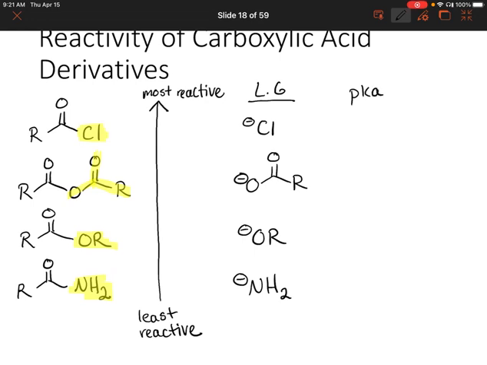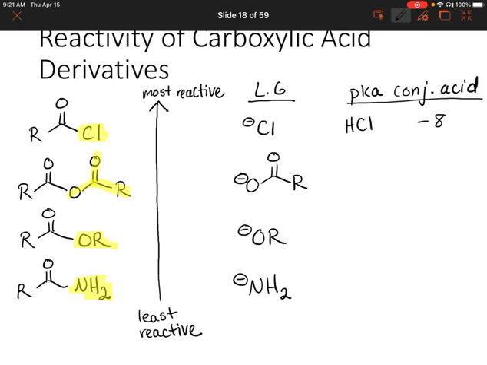So we're going to write the pKa of each conjugate acid, and then we can compare them. So the conjugate acid of a chloride ion is hydrochloric acid, and the pKa is -8. Now remember, the lower the pKa value, the more acidic the acid is. So here, hydrochloric acid, we know, is a really strong acid.